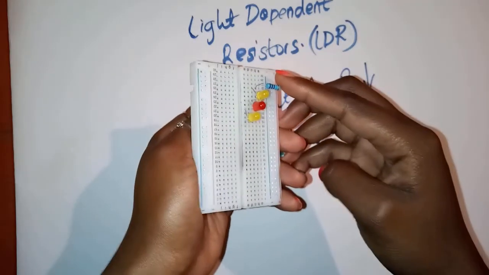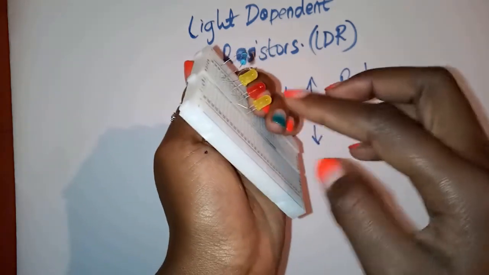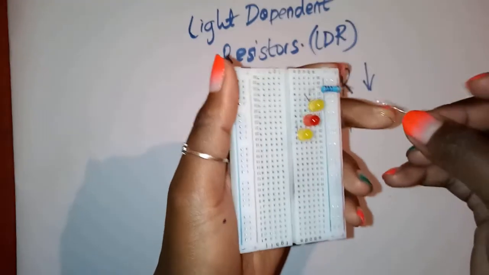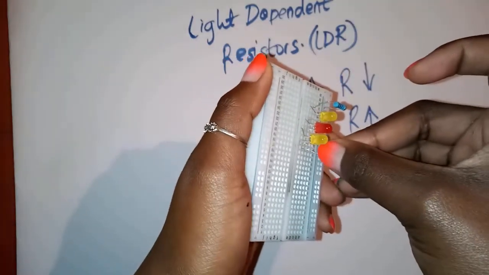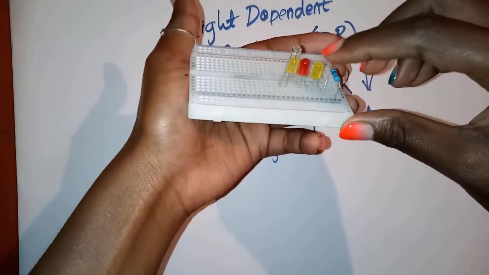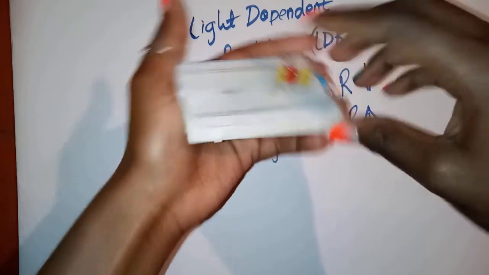Okay, and therefore if we're using it in this connection of LEDs with a resistor, look at how we explained how you connect LEDs in series in a previous tutorial, which I will leave a link to. Then I just add, I have placed long leg resistor, short leg LDR.